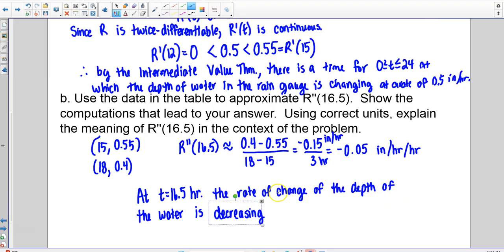At 16.5 hours, the rate of change of the depth of water is decreasing at a rate of 0.05 inches per hour.